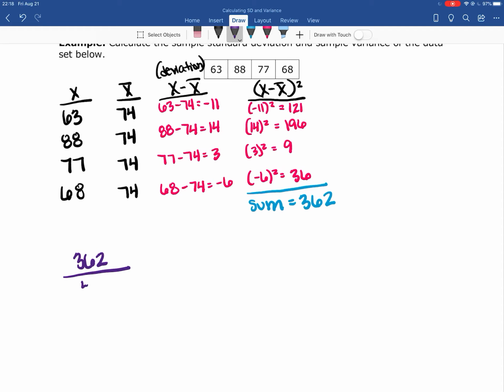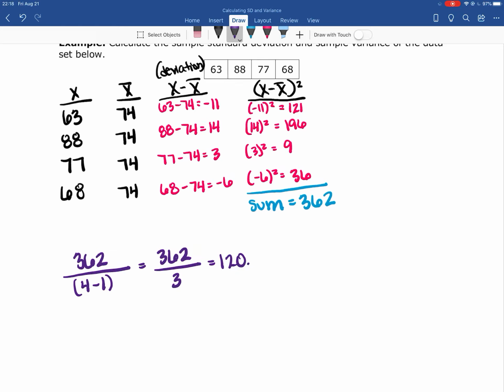Our sample size is 4, and 4 minus 1 is 3. So we're going to take 362 and divide that by 3. You want to make sure that you take the 1 away from the sample size before you divide. Do not divide and then subtract 1. That would be incorrect.